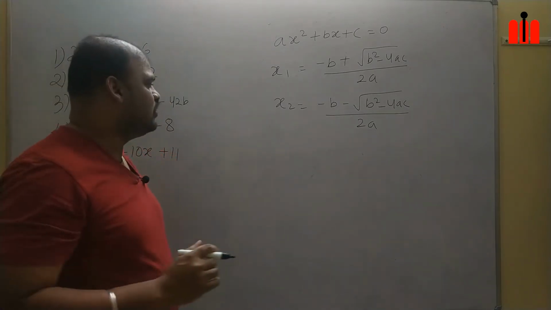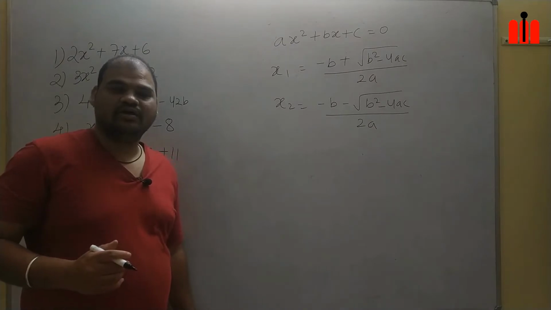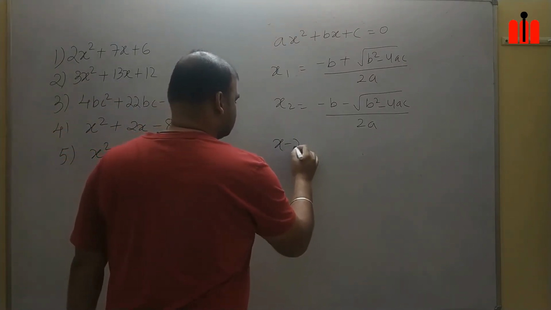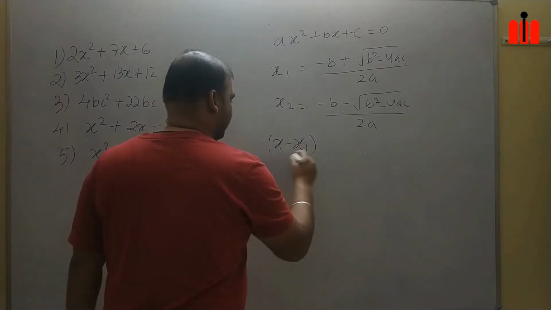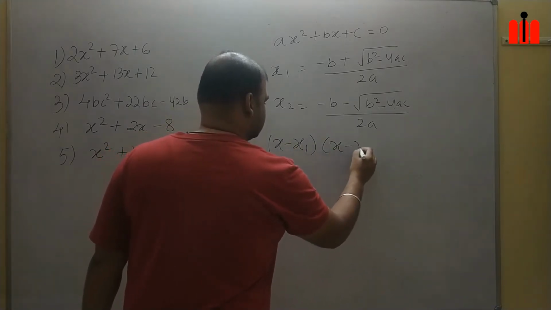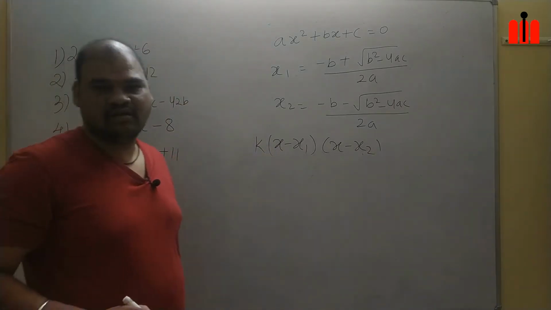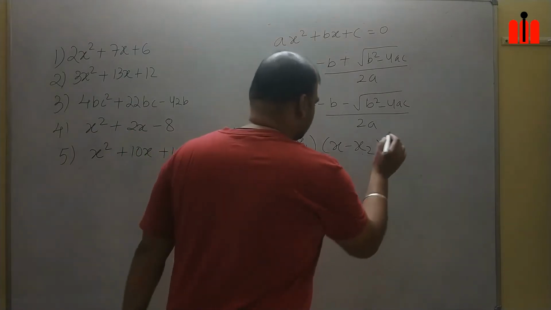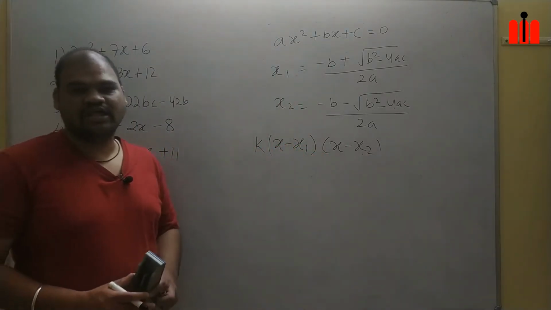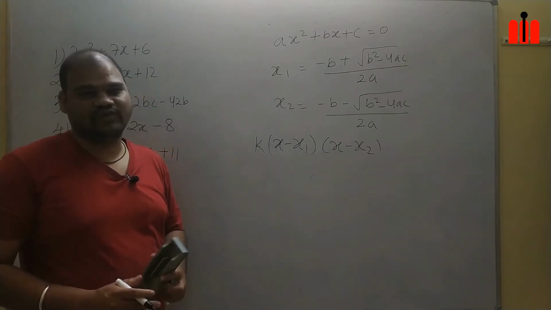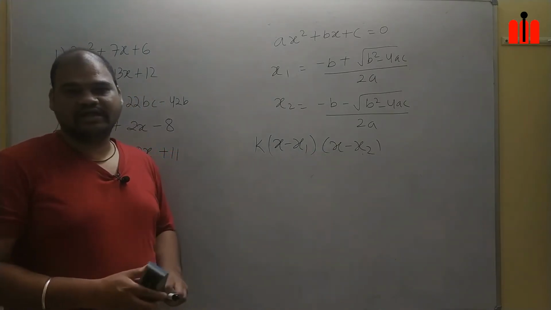After that, you have to get the equation. It will be in the form of x minus x1 and x minus x2 times any number k, because it is multiplied with 0. So this will be the equation at the end, or x minus x1 and x minus x2 will be the factors of the quadratic equation.